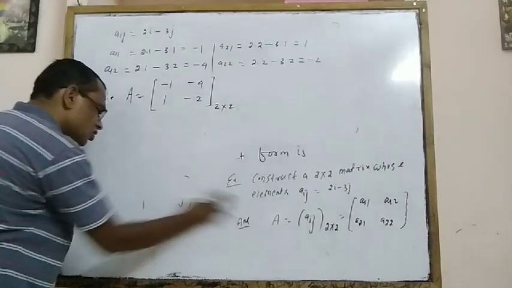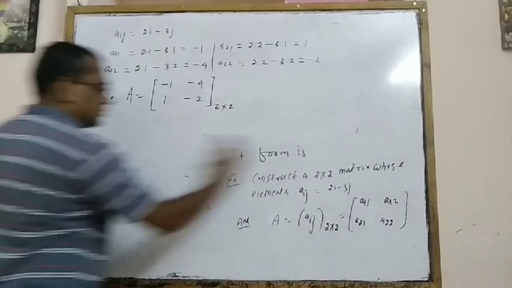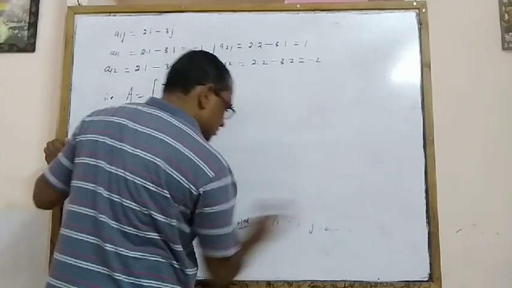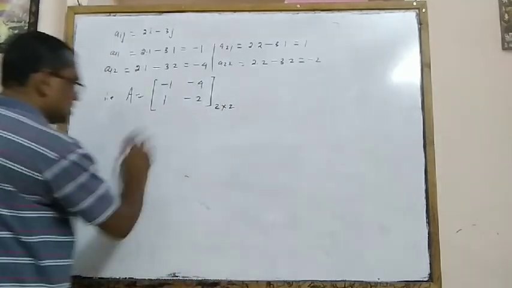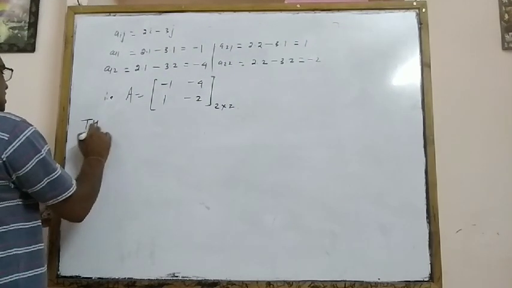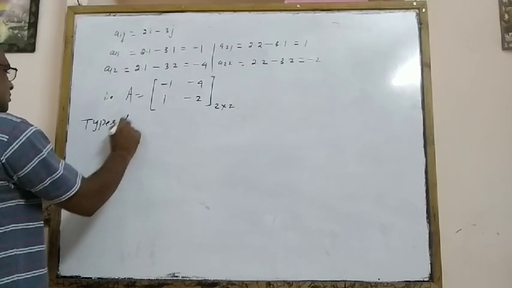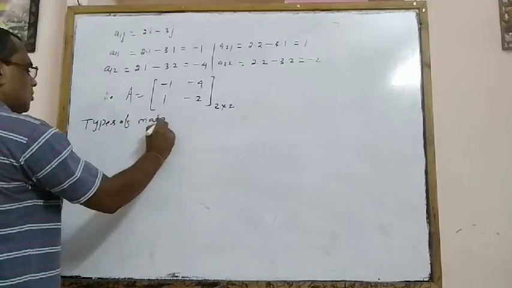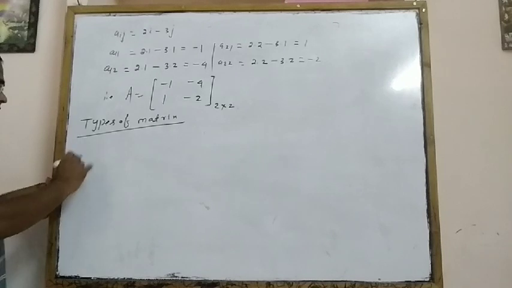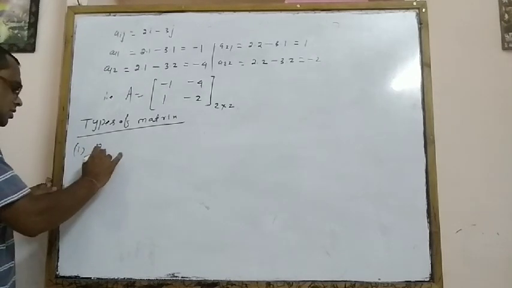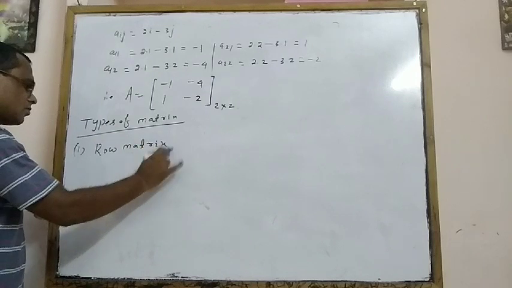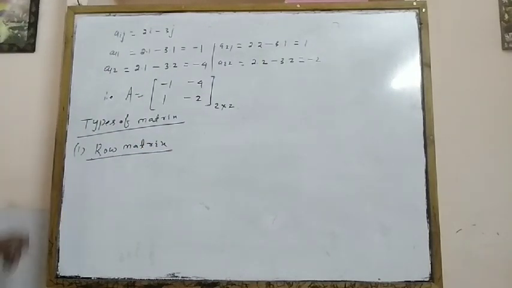Then we go to the types of matrix. There are many types of matrix. First is the row matrix.